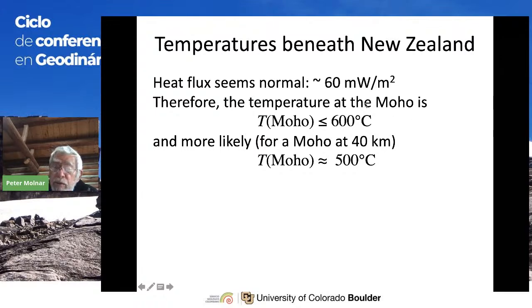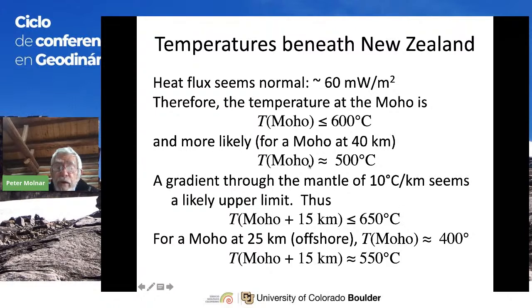So the temperature at the Moho is probably of the order of 600 degrees C. And in fact, for a Moho at 40 kilometers, it's probably even a little less, 500 degrees C. And if we think about a gradient of temperature of 10 degrees C per kilometer in the mantle, a typical value, we would predict that the temperature 15 kilometers below the Moho in the mantle would be of the order of 650 degrees C. And if we look offshore, where the crust is thinner, then 15 kilometers below a thinner Moho, we predict a temperature that would be even a little colder, 550 degrees C.